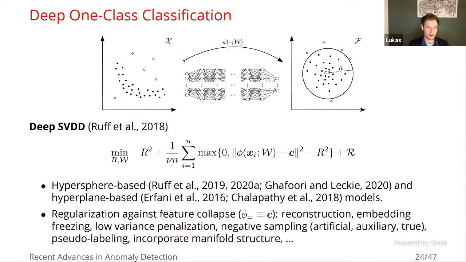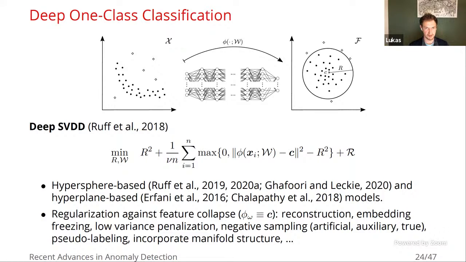And so one of the approaches that we worked on is deep one-class classification, and especially the deep SVDD method, which formulates this idea for neural networks.